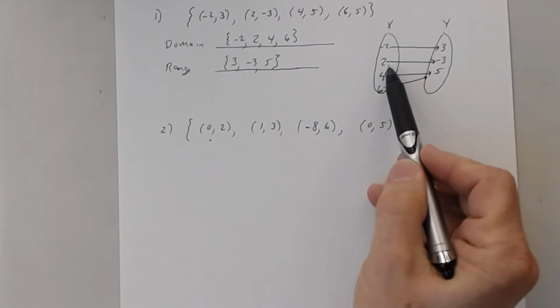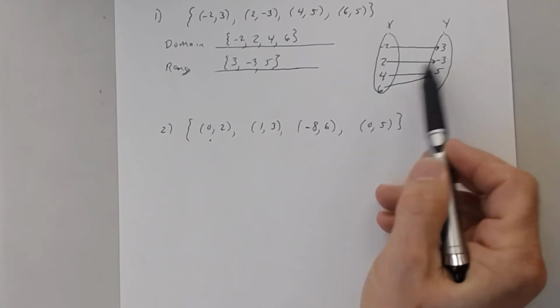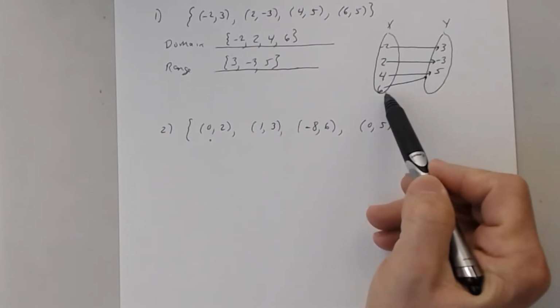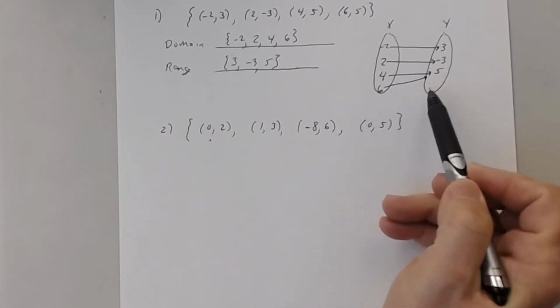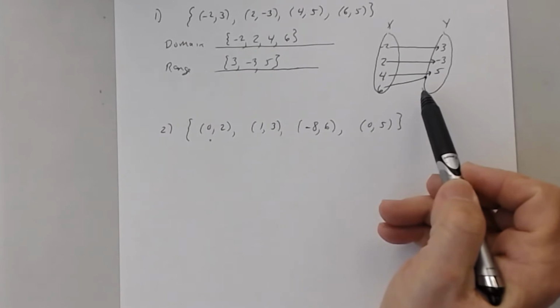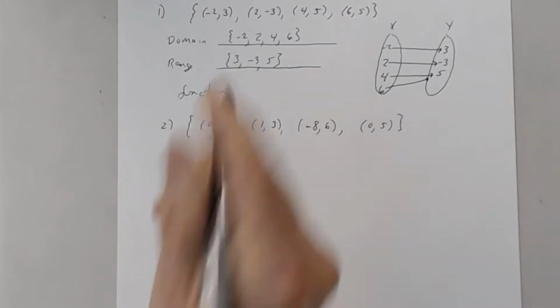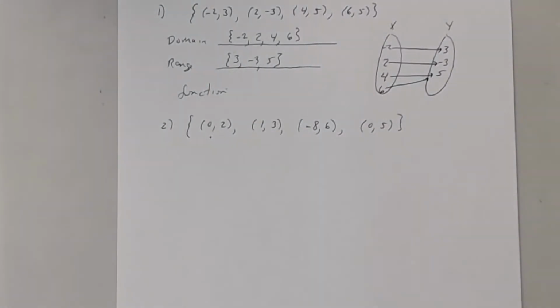When x is 2, how many y coordinates are there? 1. When x is 4, how many y coordinates are there? 1. When x is 6, how many y coordinates are there? 1. It's a function. That's a function. It's okay for different x coordinates to have the same y value.